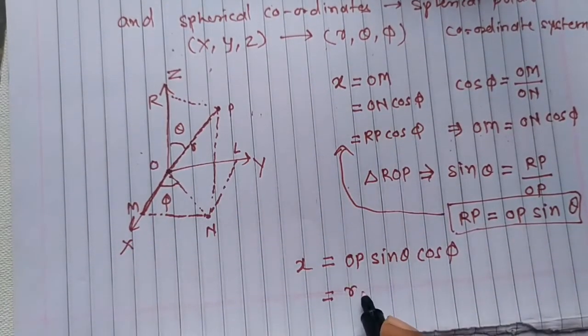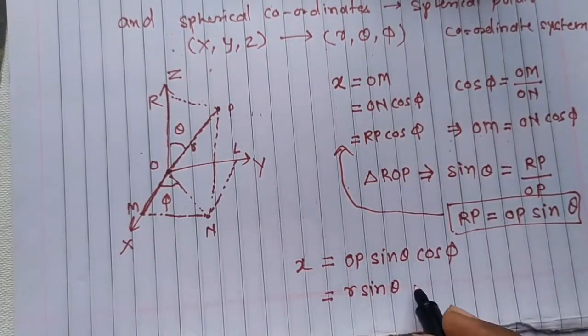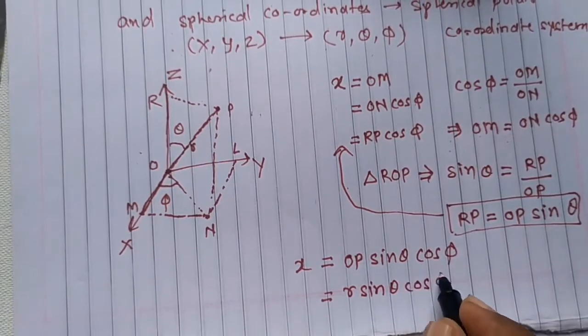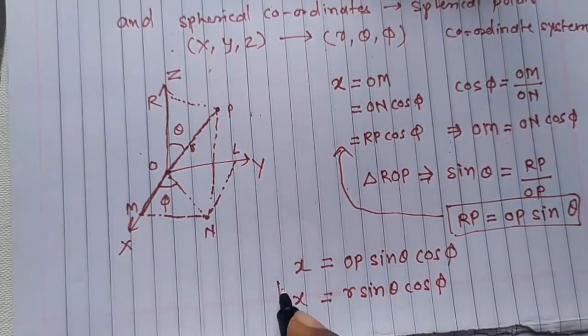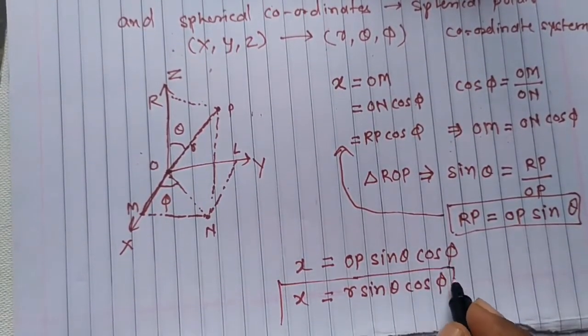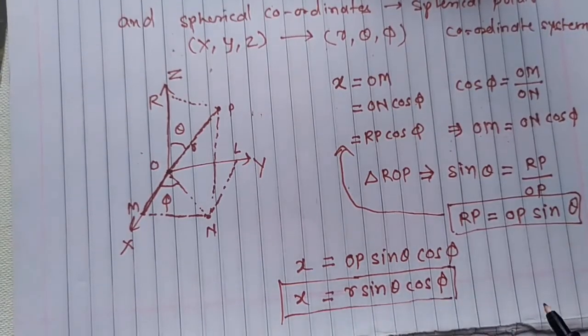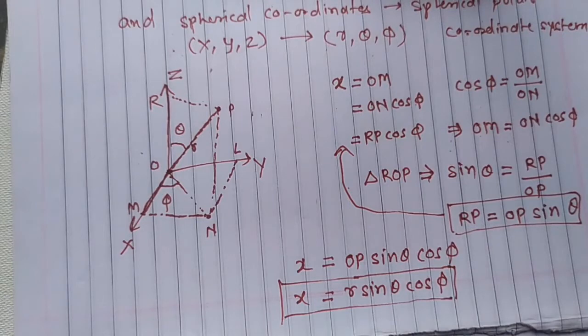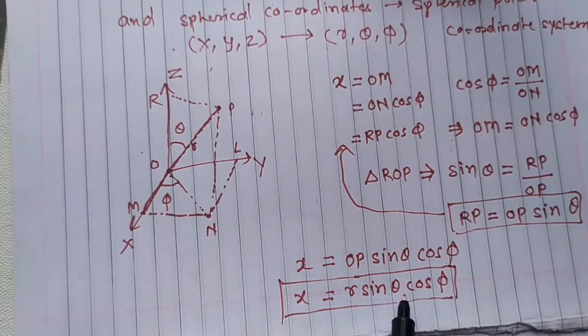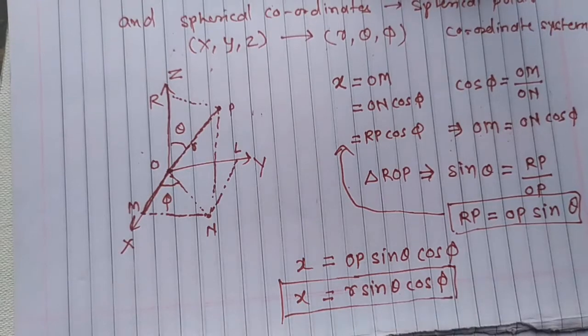So it will be r sine theta cos phi. So this is the relationship between the x coordinate and the r, theta, phi coordinates, from Cartesian to spherical polar coordinates.